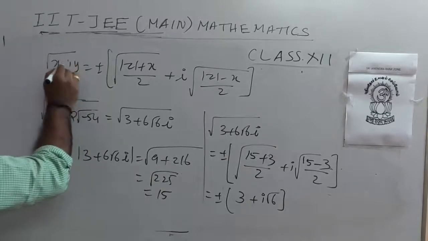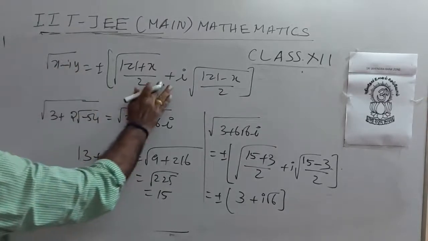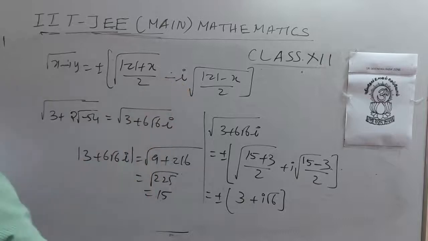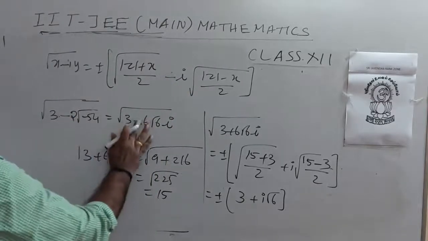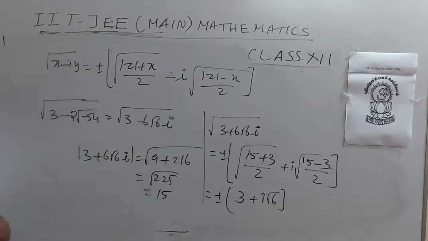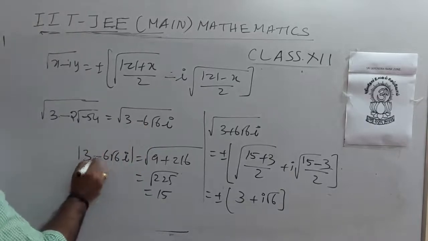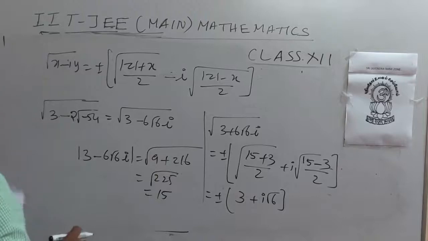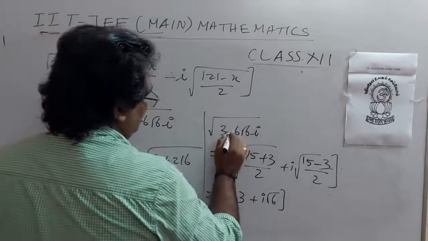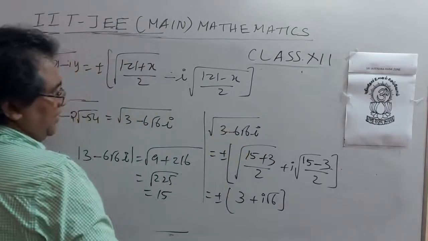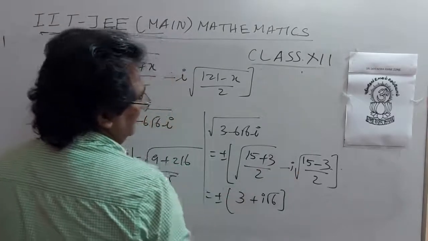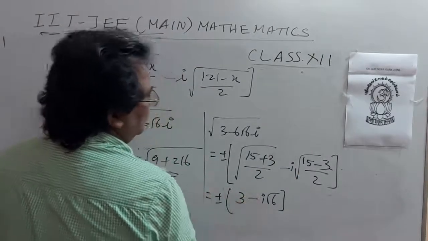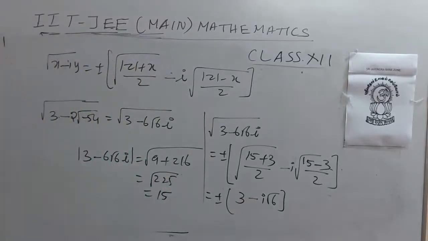For the root of x minus iy, here we have minus sign. Same value, plus or minus. Here you should have minus i root 6.